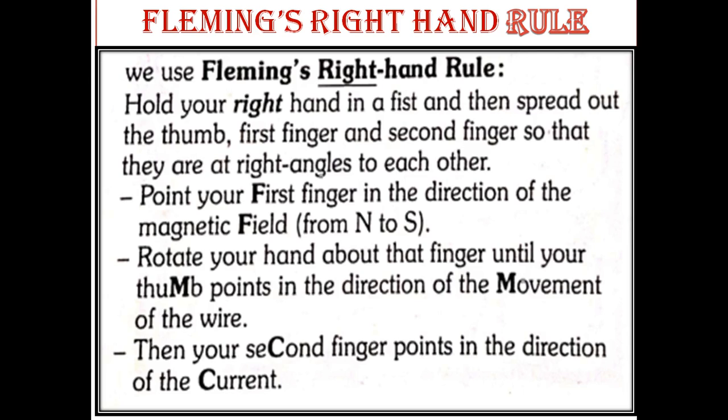As I told you, when there is a movement, you put your thumb in the upward direction and point your first finger in the direction of the magnetic field, from north to south. Rotate your hand about that finger until your thumb points in the direction of the movement of the wire. Then your second finger points in the direction of the current.